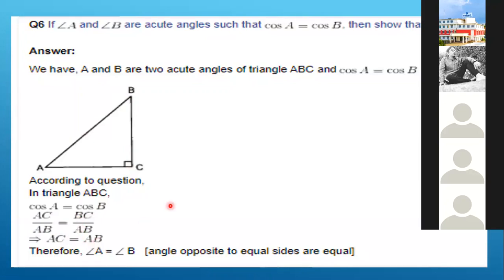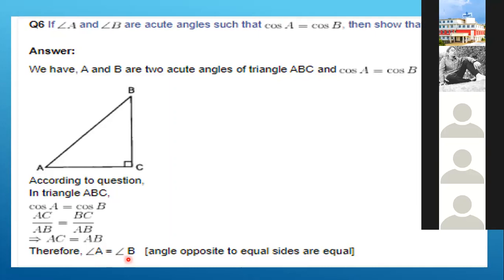We have learnt already in isosceles triangle, when two sides are equal, the angles opposite to equal sides are equal. AC's opposite angle is B and BC's opposite angle is A. So therefore angle A is equal to angle B, children.